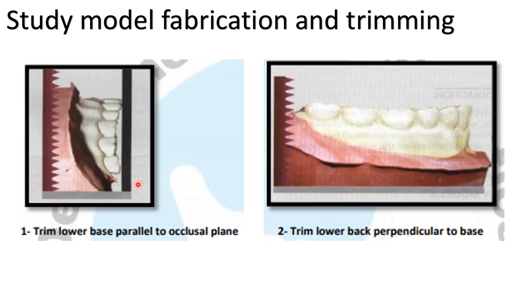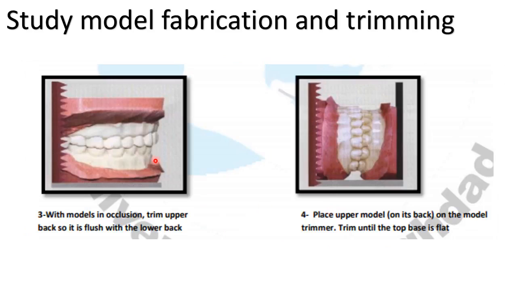So first is the lower base and then the lower back. Third, with the models in occlusion, they should occlude together in intercuspation. Trim the upper back so it is flush with the lower back. Both backs are flush together and parallel with each other.